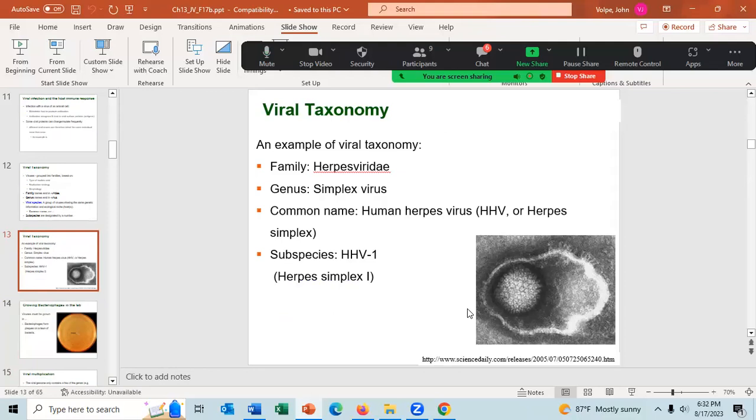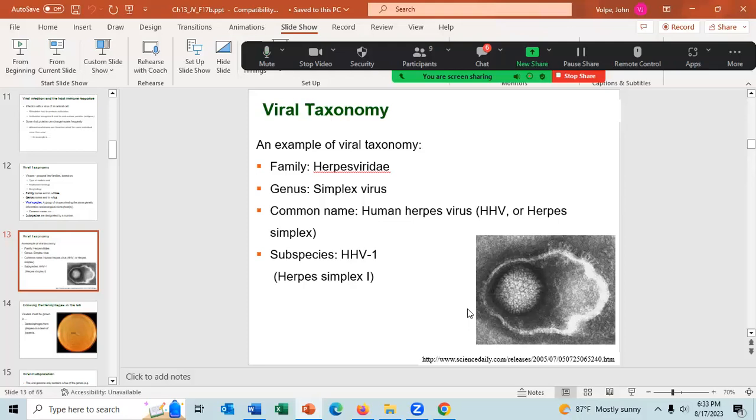All right, so let's give an example of viral taxonomy. Viruses are separated into a family. One family is the herpesviridae, which is the name of the herpes virus family. So all family names end in viridae. The genus name for the herpes virus that I'm going to talk about is the simplex virus.